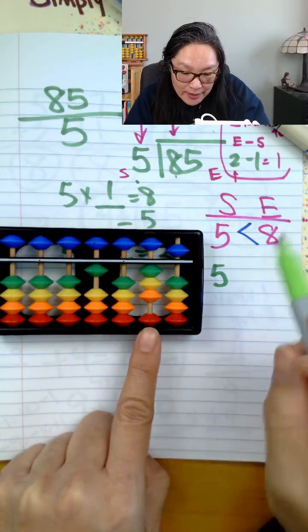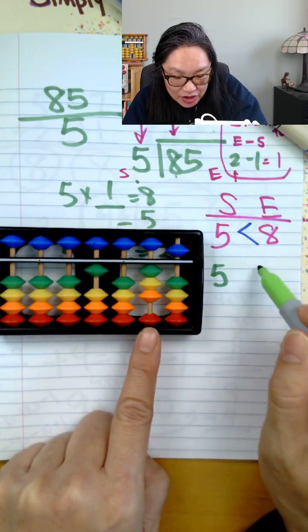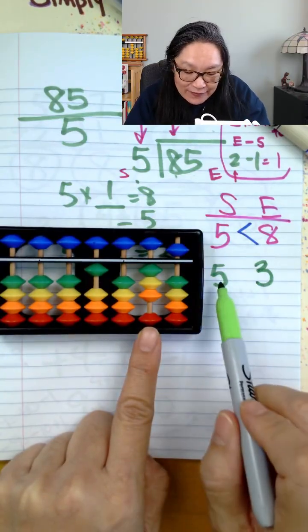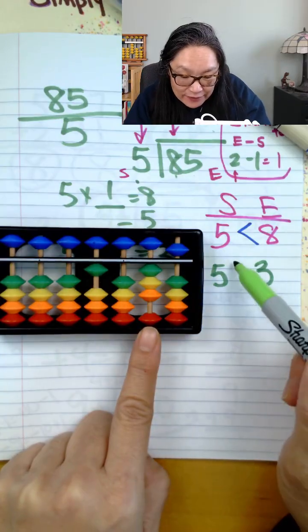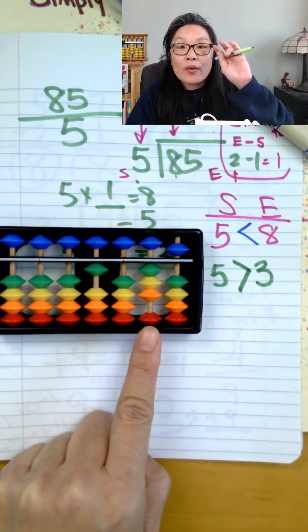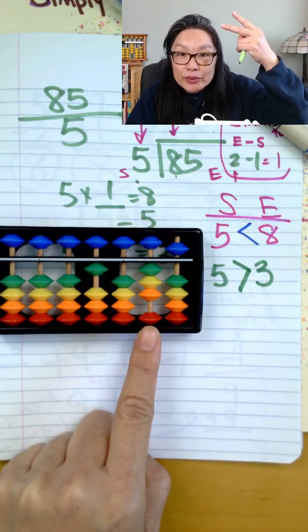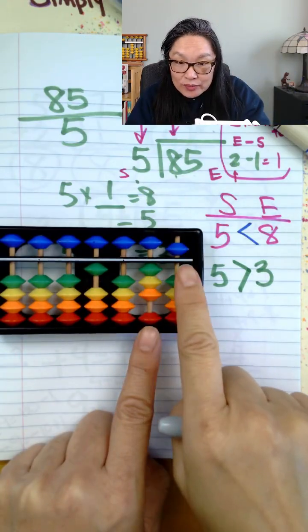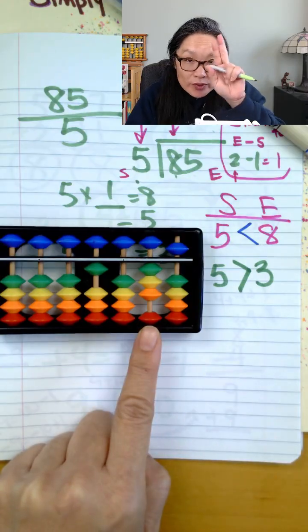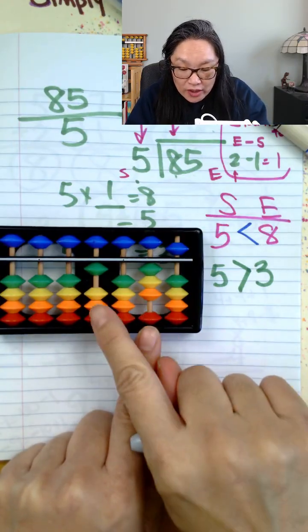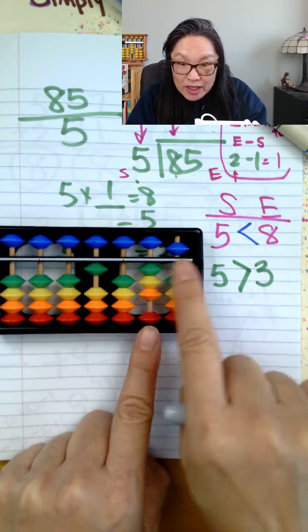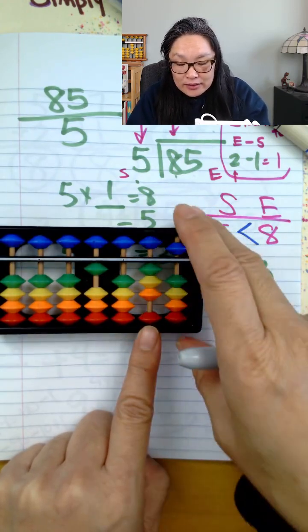Because my dividend is 3 and my divisor is 5, my divisor is bigger. Now I know I need to use these 2 columns. That's the only reason why we compare, so we know where to put the answer and how many columns we are going to take away.